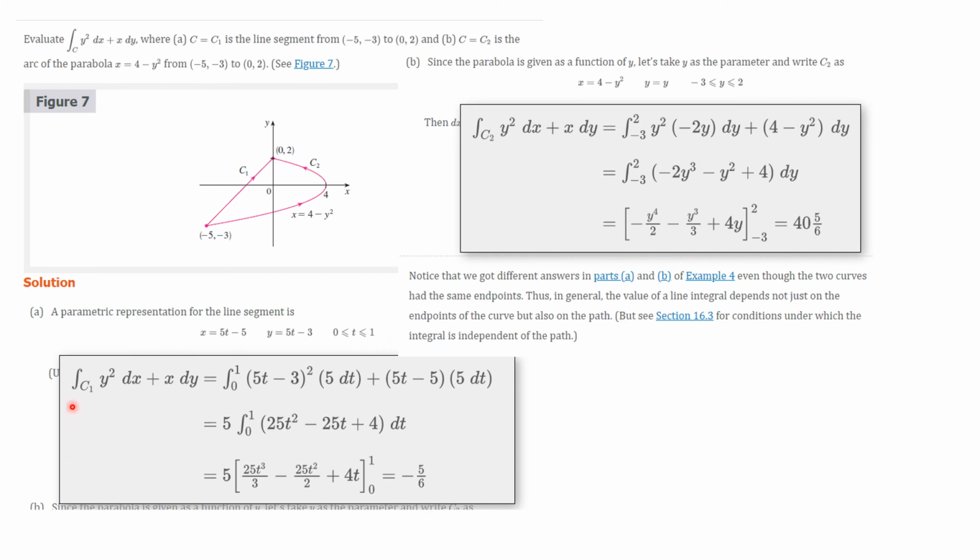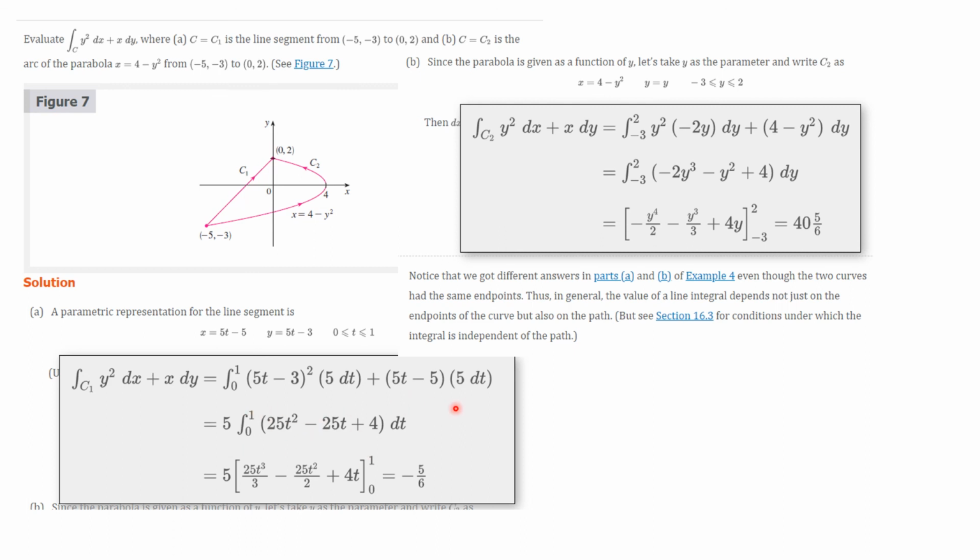So you have to solve to figure out what these things are, but that is a very efficient parametric representation. So this integral over C1 of y squared dx plus x dy is going to be, and there's what you have for x and for y, so we replace that. t is going from 0 to 1, so this is going to be y squared, and this is dx, so this is going to be 5 dt, and this is going to be x, and this is dy/dt times dt, and we're going from 0 to 1.